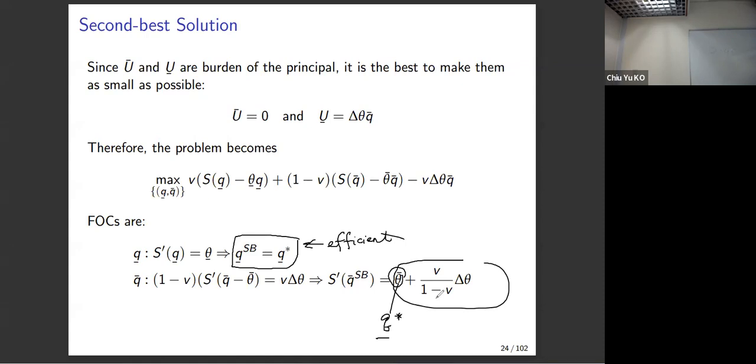Okay? Look at the economics. If you are low cost producer, I'm actually induced you to produce efficient one, which is more. But if you are high cost producer, I actually ask you to produce less than the efficient one. Because as this is higher means this is lower.